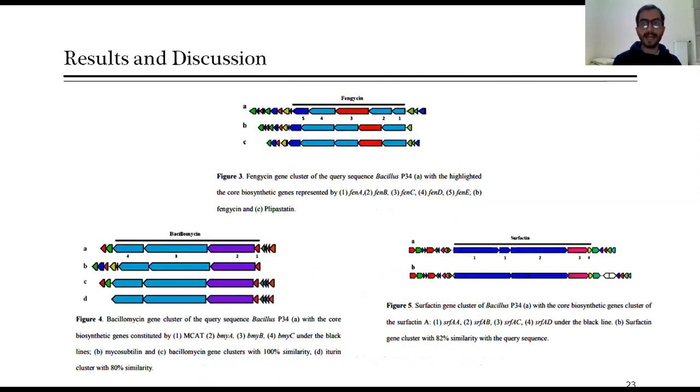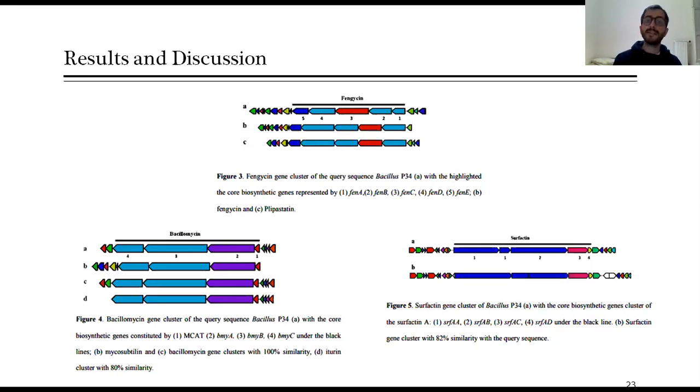In this slide, I reported the gene clusters of fengycin, surfactin, and bacillomycin. These were the main isomers detected in this work, also because they have a higher percentage of similarity inside the different components of the iturin family.